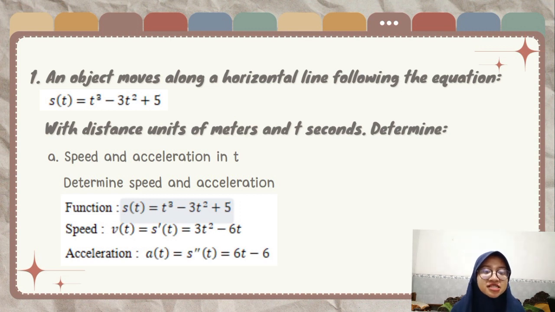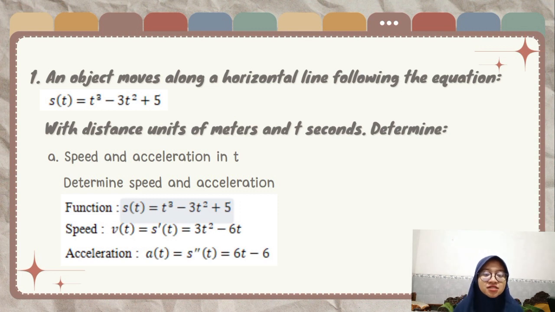Determine speed and acceleration. We know from the problem the function is s(t) = t^3 - 3t^2 + 5.